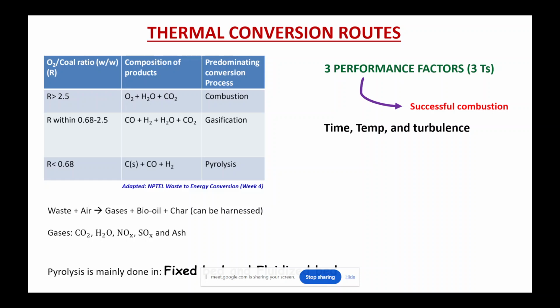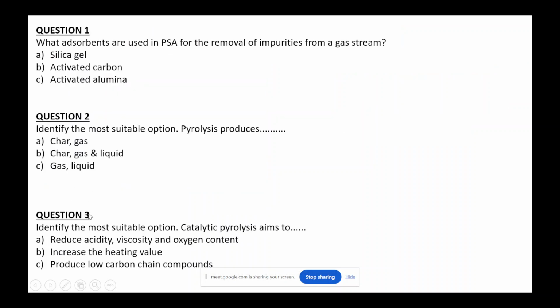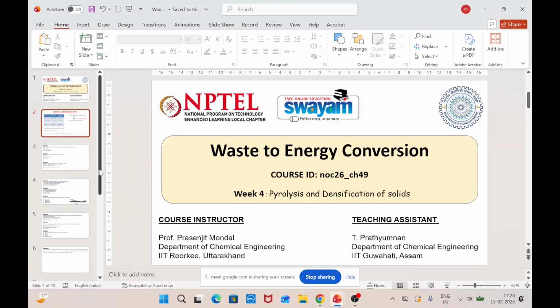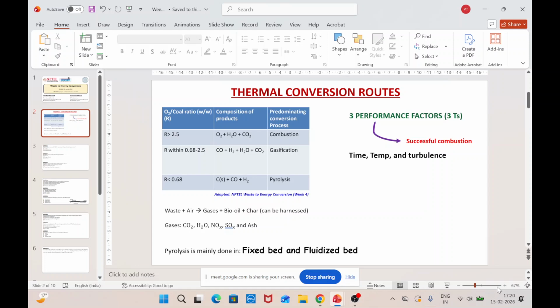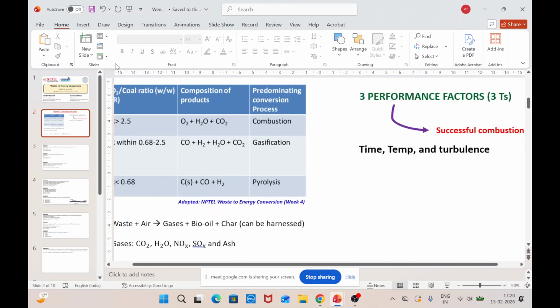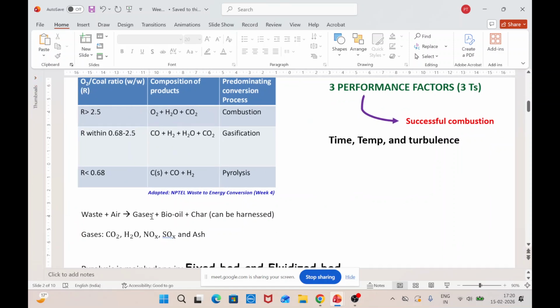more than only gases. So, for example, that's what is given here. Waste material, on application of heat with a very limited supply of air, or you can also say in the absence of air, you tend to get three products.